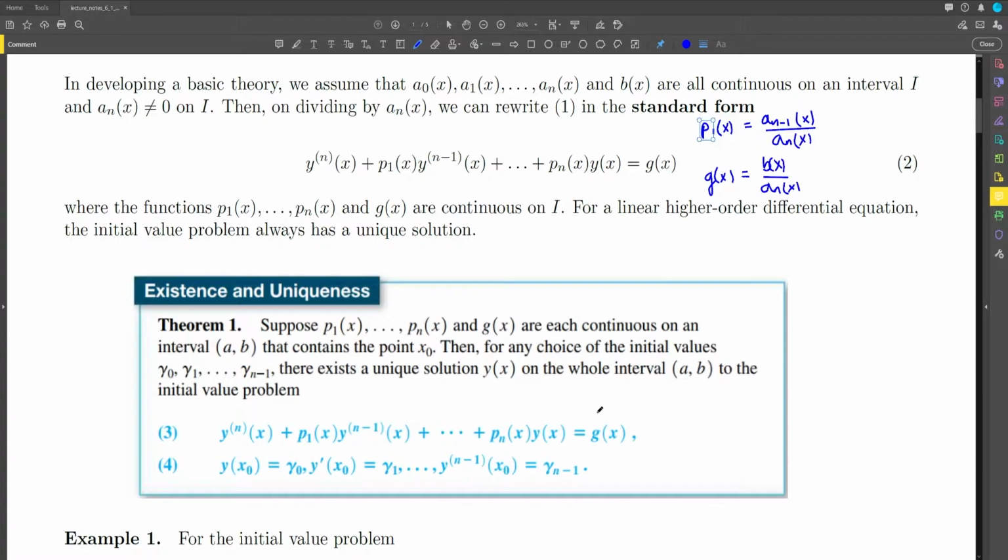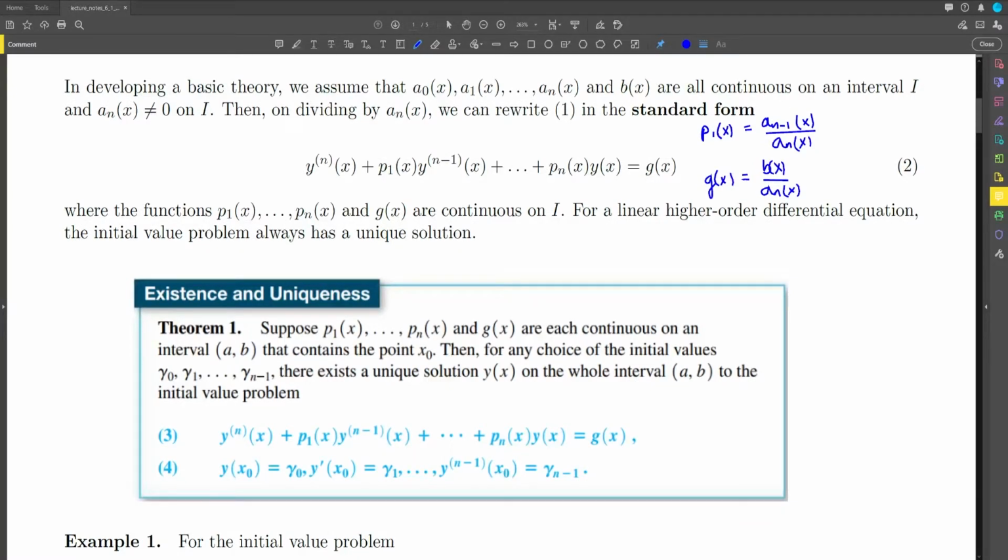Then for any choice of the initial values, gamma naught, gamma 1 up to gamma n minus 1, there exists a unique solution y on the whole interval a comma b to the initial value problem, the nth derivative of y plus p1 times the n minus first derivative of y plus dot dot dot plus pn times y equals g, with initial conditions y at x naught is gamma naught, y prime at x naught is gamma 1, up to the n minus first derivative of y at x naught equals gamma n minus 1.